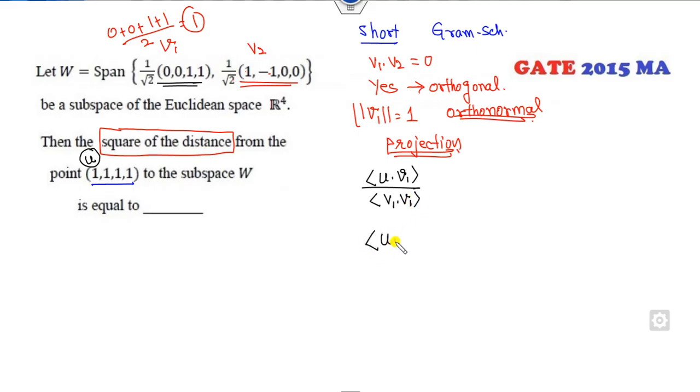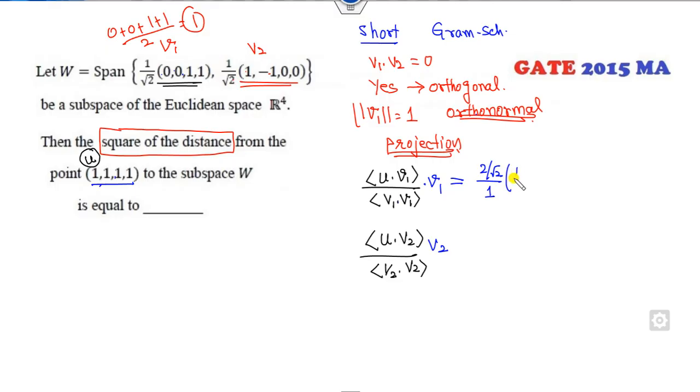Second is u dot v2 divided by v2 comma v2. Fine. Because you have to find the distance, you have to multiply this vector by v1 and this vector by v2. So what is u dot v1? If you dot product them, what will happen? 0, 0, 2 by root 2. Fine. Because this is orthonormal, the value will be 1 always.